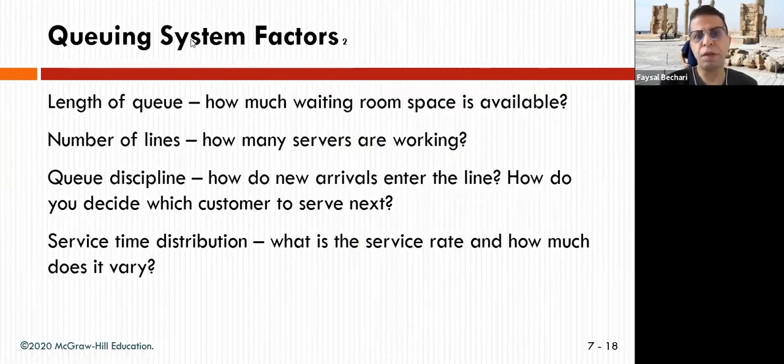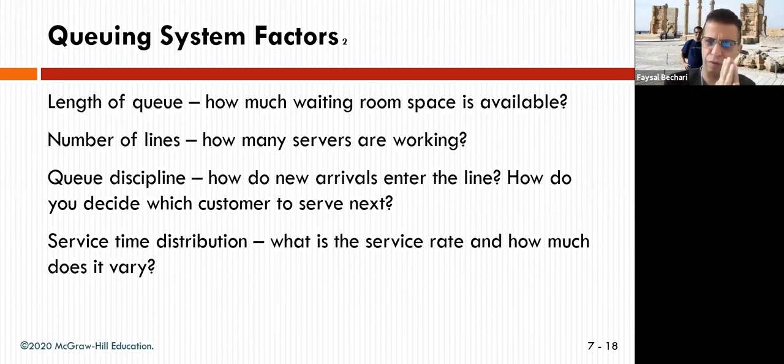Now, queuing system factors: the length, which we talked about, of queuing, how much waiting room space is available, the number of lines, and how many servers are working. So if you have 1 or 5 or 10 servers, that affects the queue.